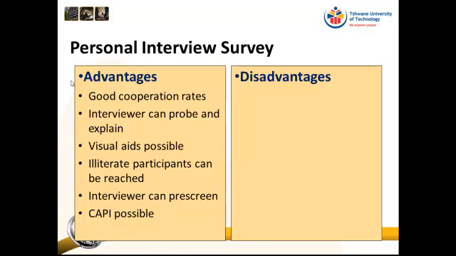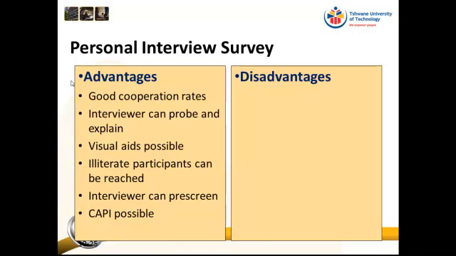The interviewer can pre-screen, so you can decide beforehand based on the characteristics of the person whether you want to interview them or not. Because we did intercept interviewing, we didn't do that, but think about if you wanted to interview 20 project managers in Eskom. You could beforehand ask for the CVs of those 20 project managers, or say of 50 project managers in Eskom, and then you could select the 20 project managers that you felt would give you the best answers.